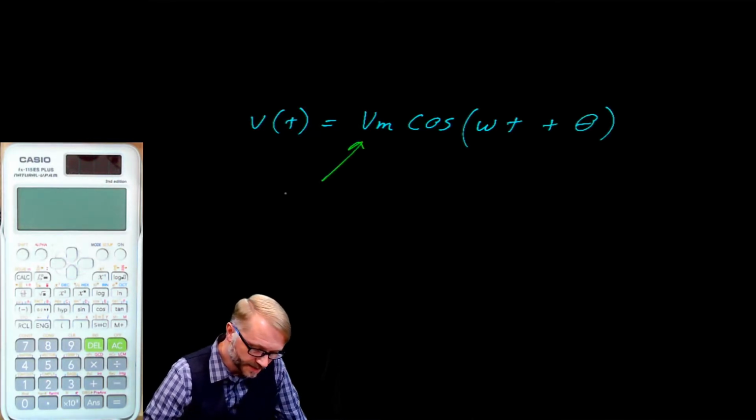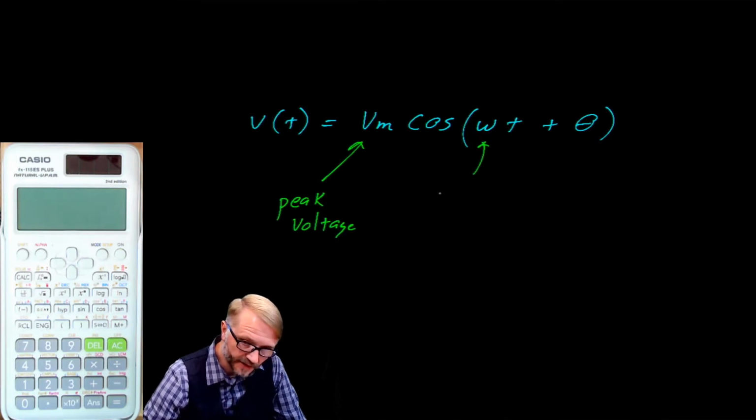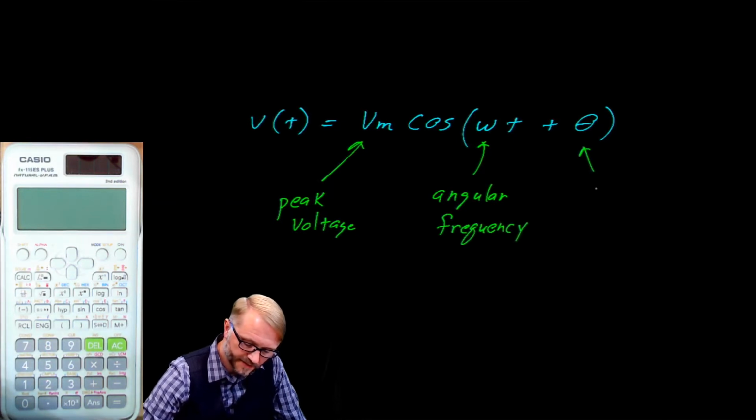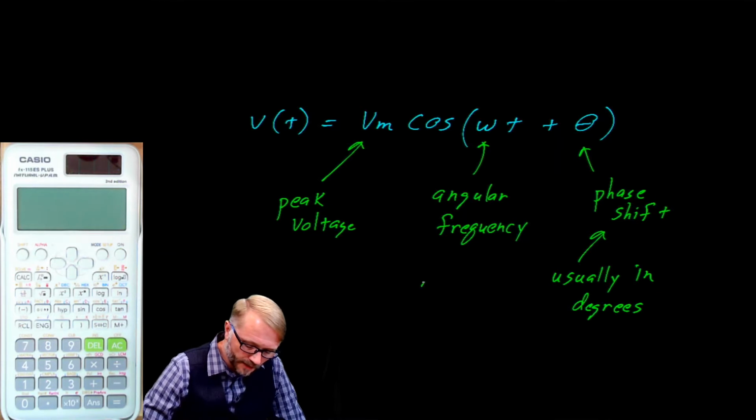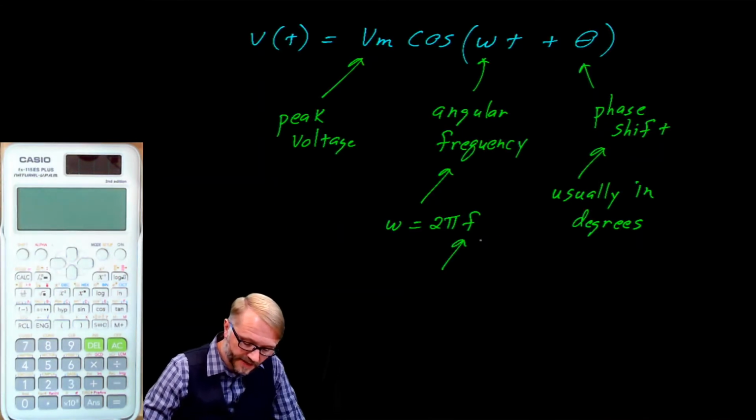Where this is the peak voltage, this here is the angular frequency, and this is the phase shift, where that phase shift is usually in degrees. Our angular frequency, omega, is equal to 2 pi f, where f is the frequency of the generator.